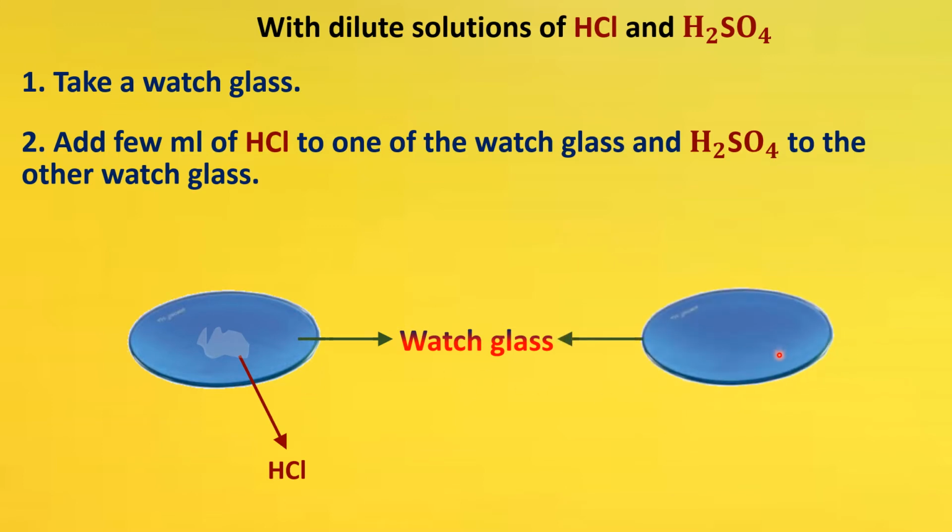Okay. In this watch glass, we'll take dilute H2SO4, a few drops of dilute H2SO4. In the first watch glass, I have taken dilute HCl, and in the second watch glass, I am taking dilute H2SO4. Okay. This is H2SO4. Now we'll take the litmus papers and then test it, right?